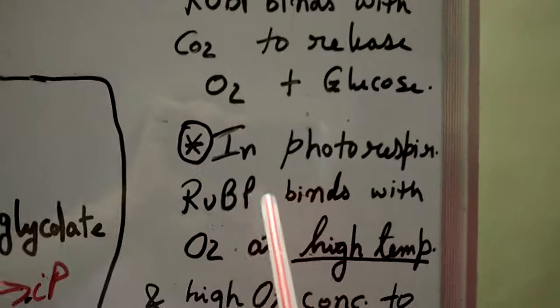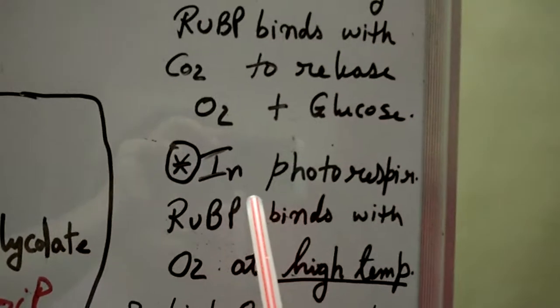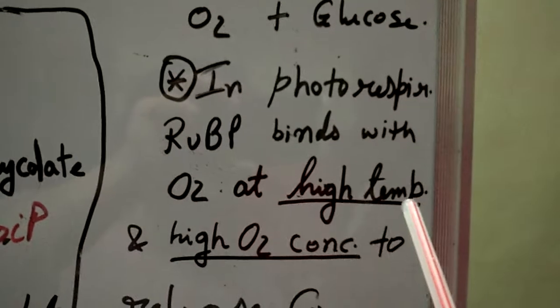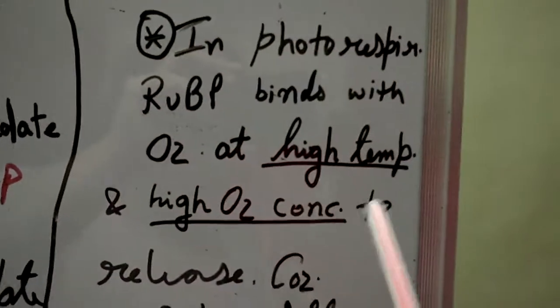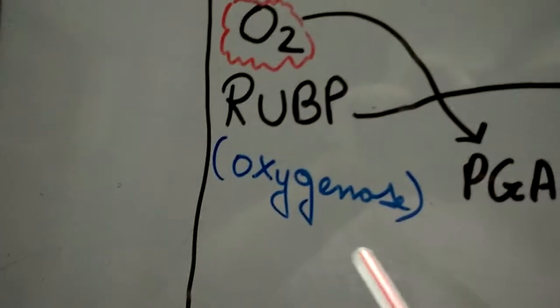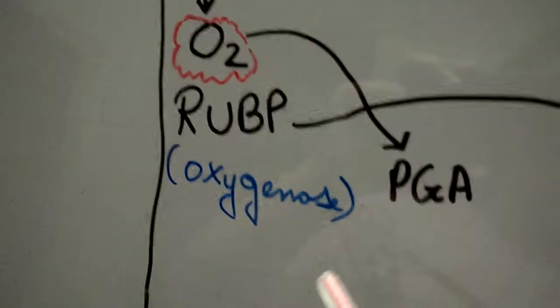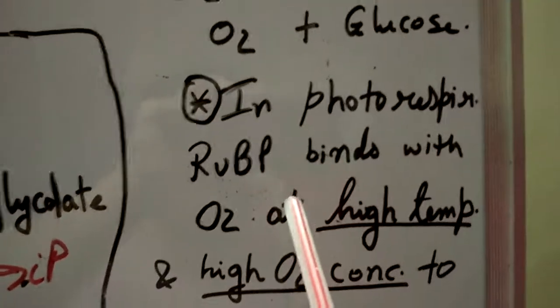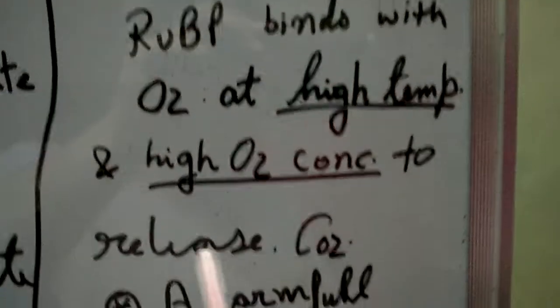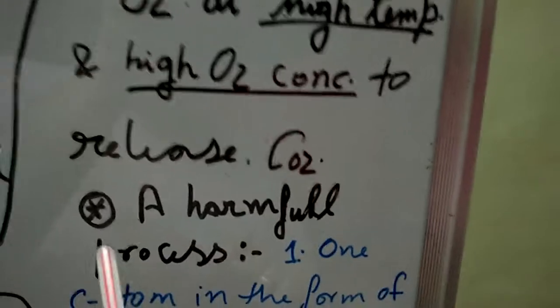But in photorespiration, RUBP binds with oxygen at high temperature and at high oxygen concentration to release carbon dioxide. So RUBP is acting as oxygenase in photorespiration, and photorespiration occurs at high temperature and high oxygen concentration to release carbon dioxide. It is a harmful process.